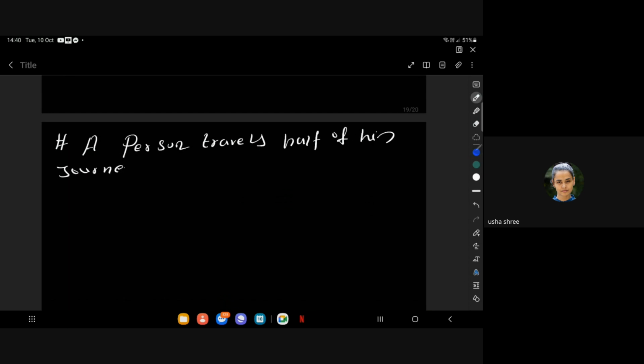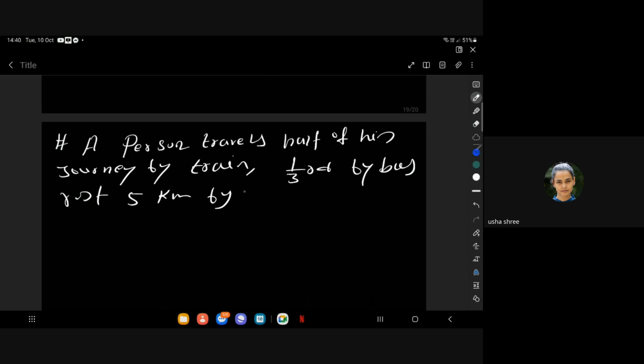Now this problem was asked. A person travels or completes half of his journey by train, one third by bus, the rest 5 km by auto rickshaw.